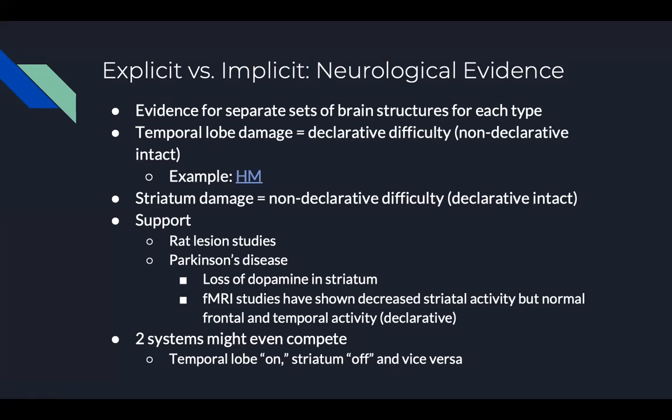One of the ideas in this debate is that there are two separate kinds of processes that can take place depending on the demands of the task. So if the task is requiring explicit memory to be used or requiring more implicit memory to be used.